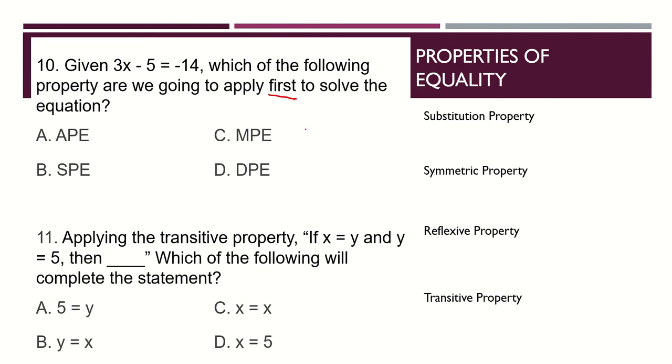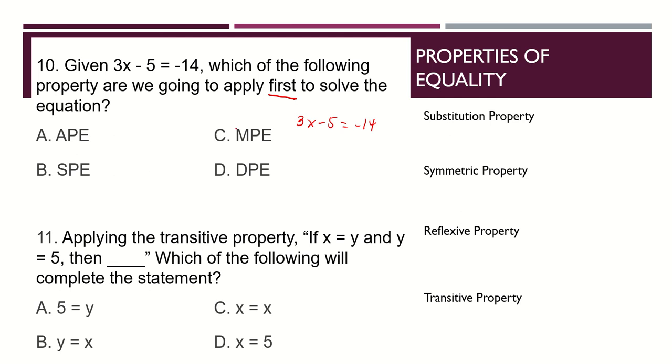Di ba kapag nagsosolve tayo, we have 3x minus 5 equals negative 14. The first thing that we do is to isolate the variable. And for us to do that, kung meron mang ini-add or isinubtract, we reverse the process, or yung transposition technique.